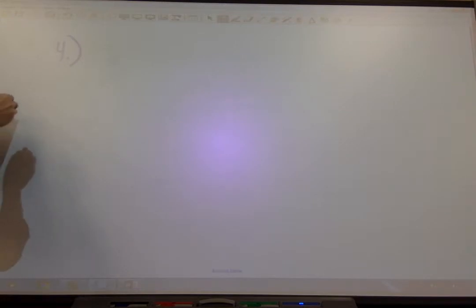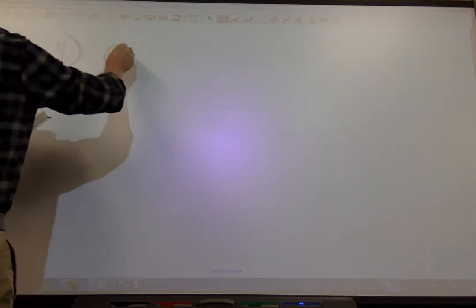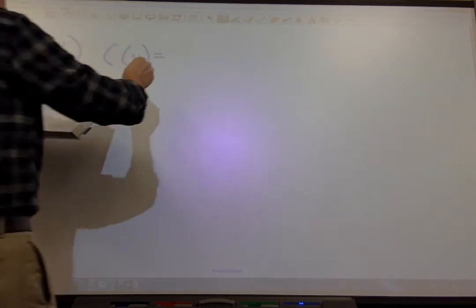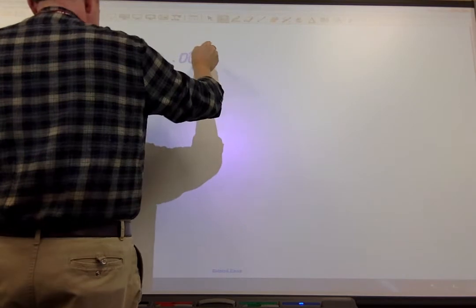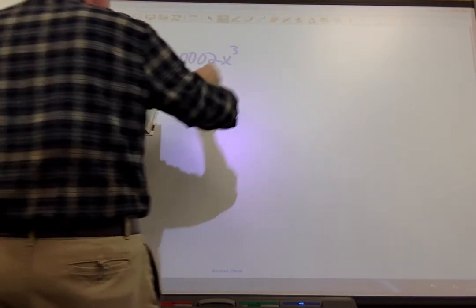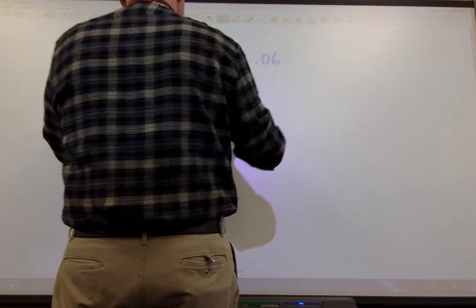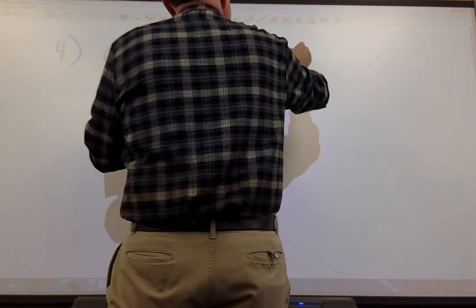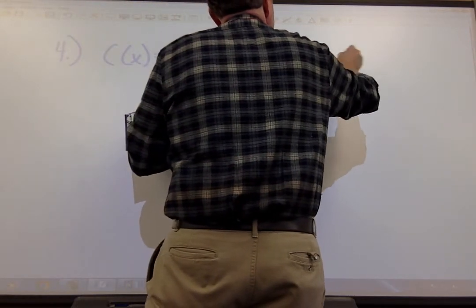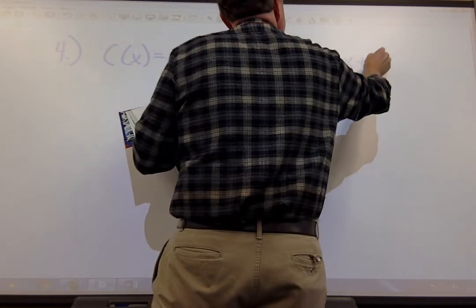So they give me a cost function, and this is talking about microwave ovens. C of x, and this is page 205 by the way, 0.0002x cubed minus 0.06x squared plus 120x plus 5,000.